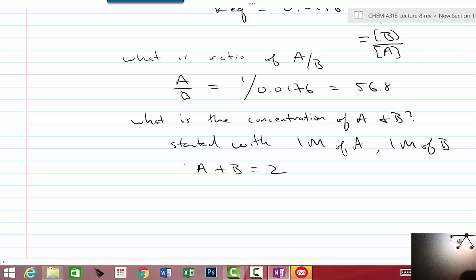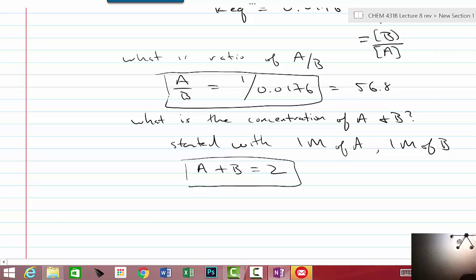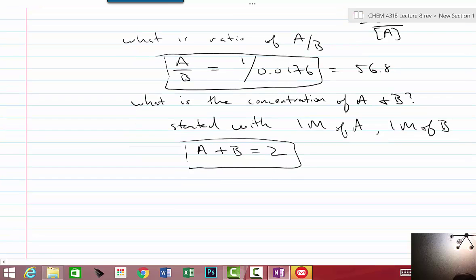So here we have 2 equations, and we have 2 unknowns. You know from algebraic principles that we can figure out both A and B.